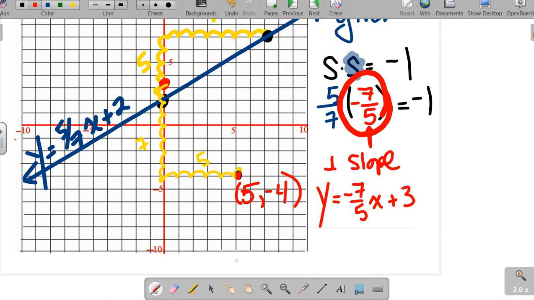So you can see that this secondary line, 1, is perpendicular, and 2, does go through the point that we've been asked to find, which is 5, -4.